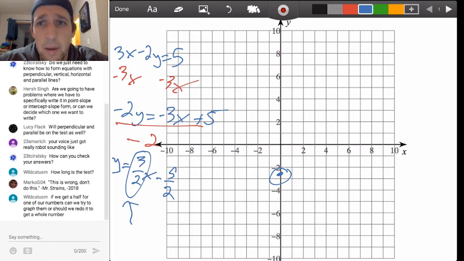Also a good question coming in last second here. If we get a half for one of our numbers, can we try to graph them or should we just redo it? Folks, I don't mind halves so much. Those are relatively easy to graph, at least pretty darn close to accurately, but as much as you can, seek to get whole numbers. Obviously not for slope. Slope we'd love to be a fraction.